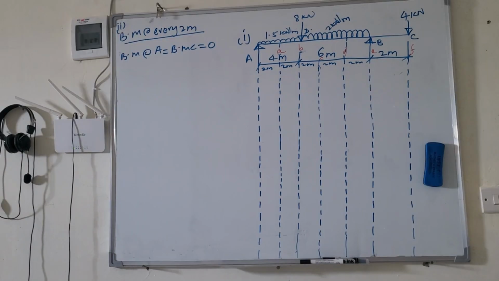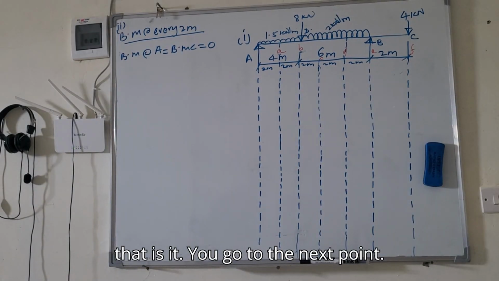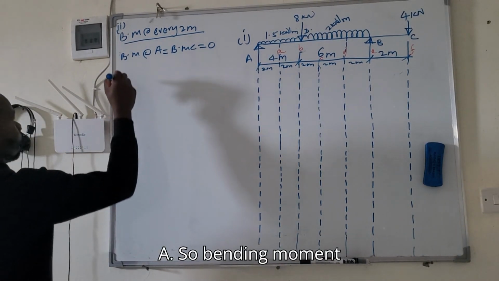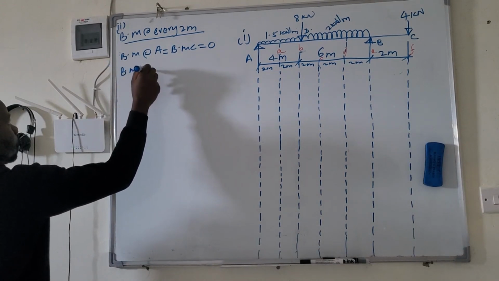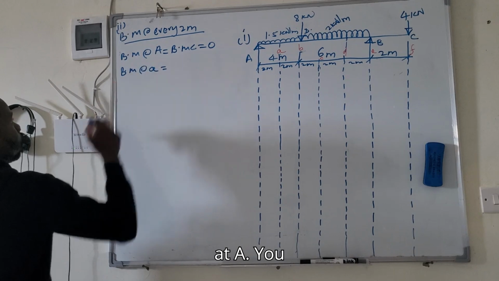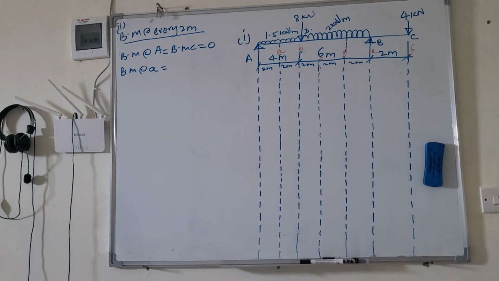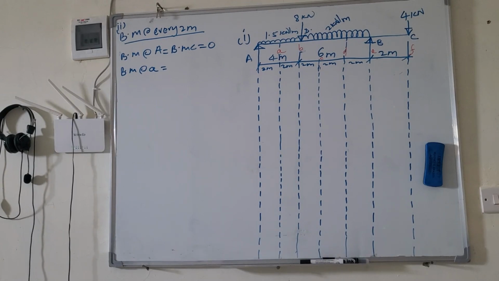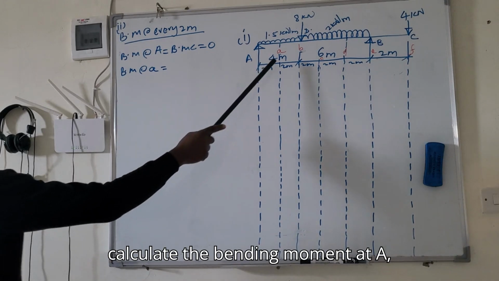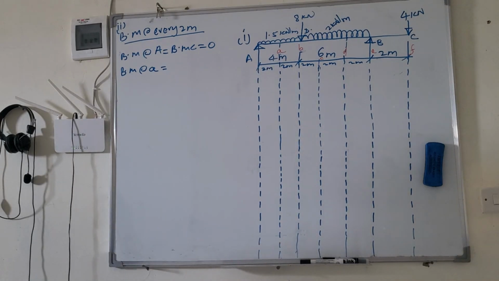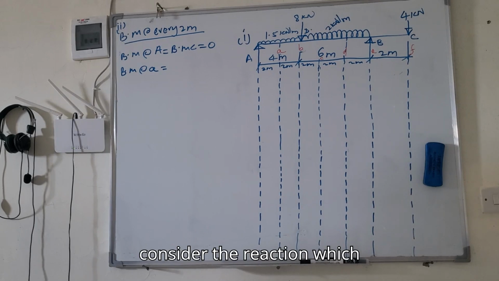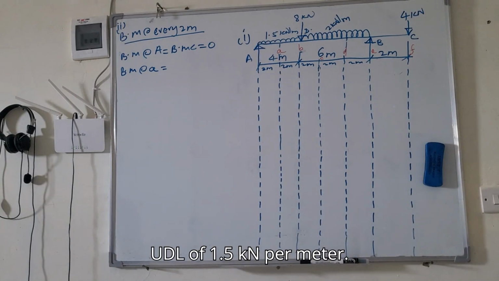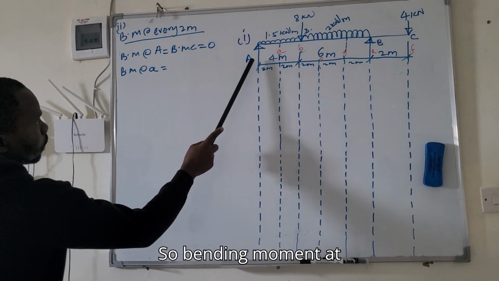Bending moment, that is it. You go to the next point. Bending moment at small a. You know that bending moment is the force times perpendicular distance. So to calculate the bending moment at A, you will consider the reaction at A and also the UDL of 1.5 kilonewton per meter.